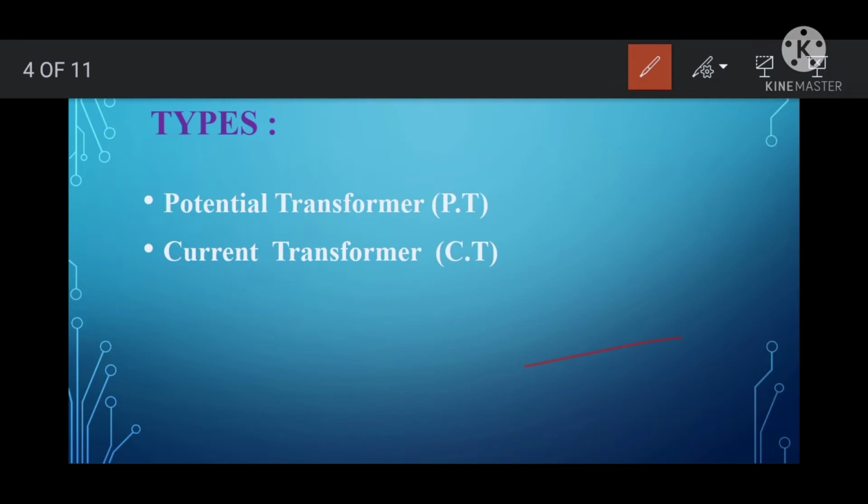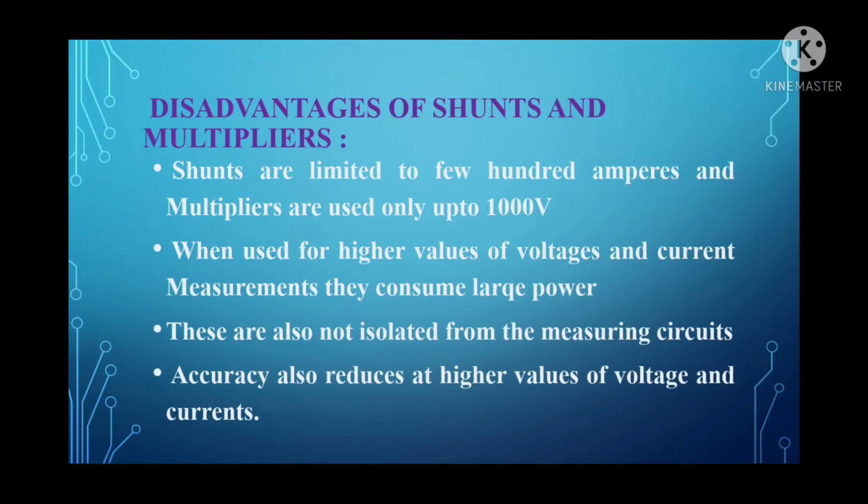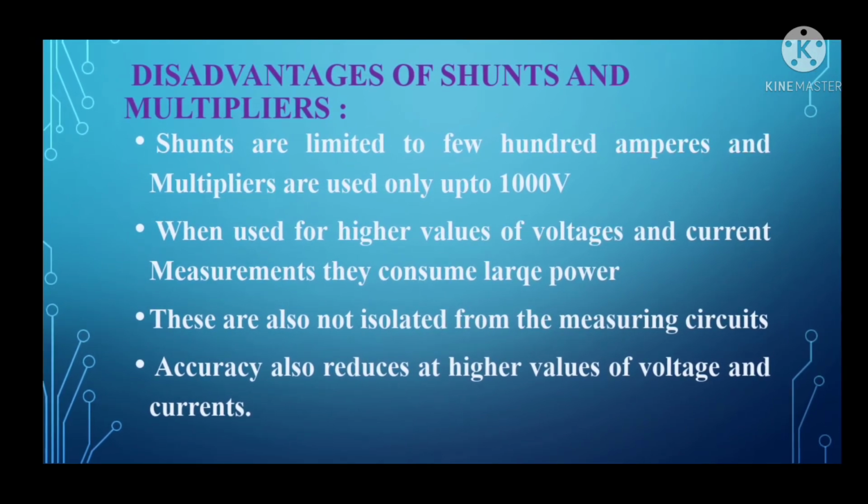And the next thing here, let's discuss the disadvantages of shunts and multipliers. Why I have introduced shunts and multipliers is, as I said earlier, the instrument transformer is meant for extending the range of ammeters and voltmeters. In our previous lecture, I have already said that in order to extend the range of ammeters and voltmeters, we go for shunts and multipliers.